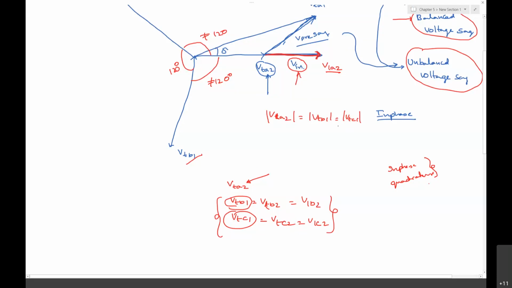It has been attained to 1 per unit, but the phase angle is not right; the voltage phase differences have not reached 120 degrees.